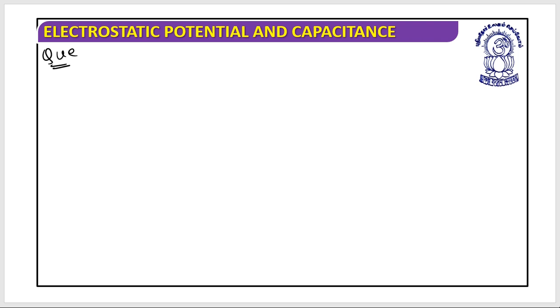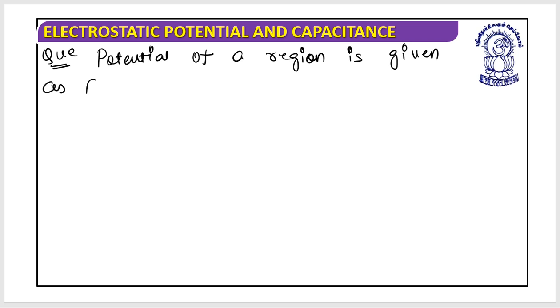Suppose the potential of a region is given as V = 4x² − 2x + 5. What is the unit of electric potential? This is V. The potential of a region is given as V = 4x² − 2x + 5.